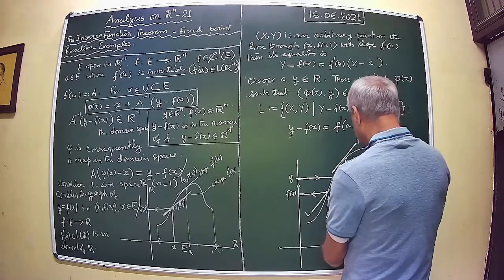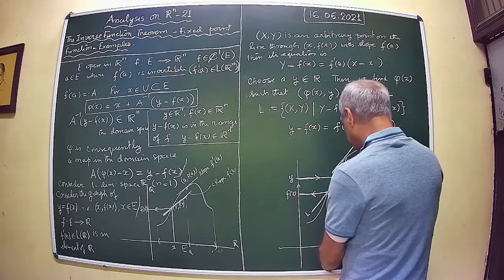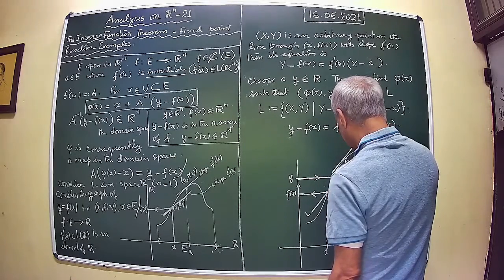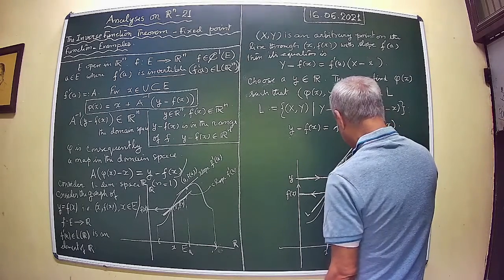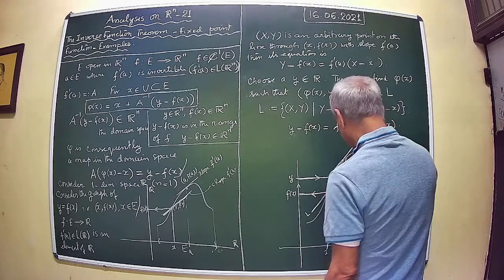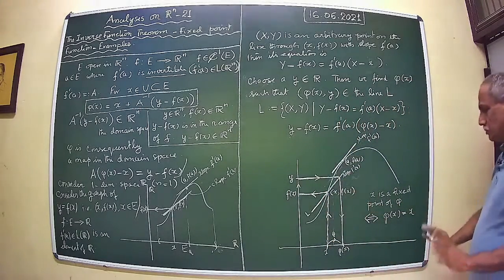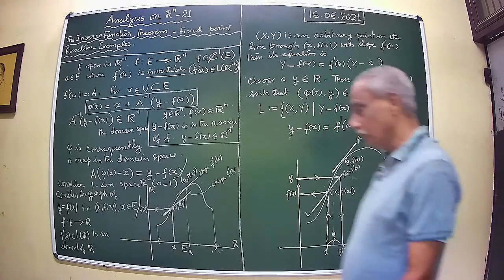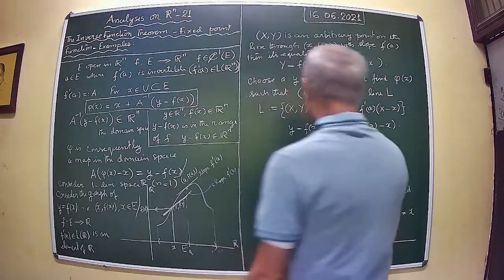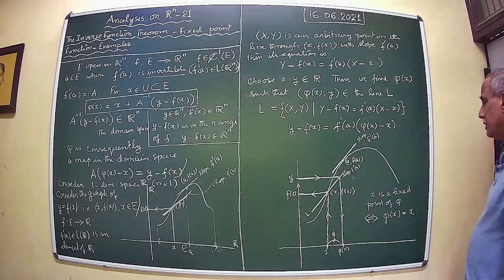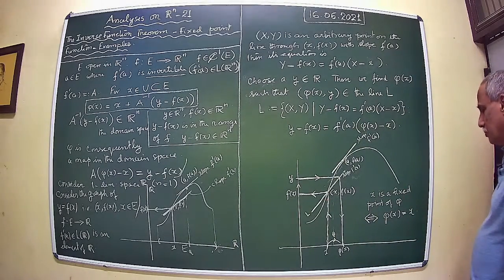Simultaneously, what will happen to phi x? Phi x will be moving in this direction. So when x moves in this direction, phi x will be moving in this direction, because you are always through the point x, f x, you are considering a line with slope f dash a. So this is the geometric picture of this map phi.